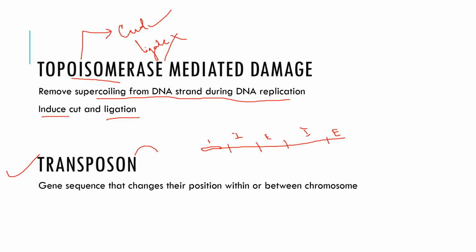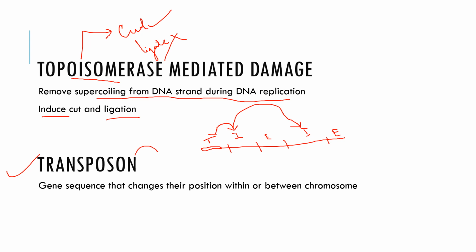Here it's the transposon. If this gene jumps from one intronic region to another intronic region, there is no problem, because during RNA splicing introns are removed and only exons are present.